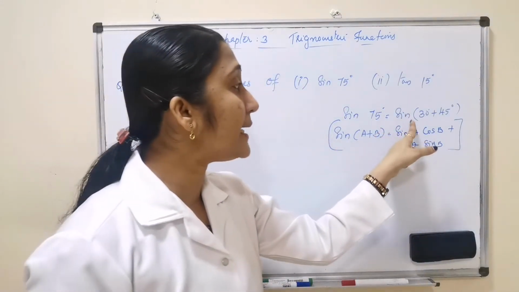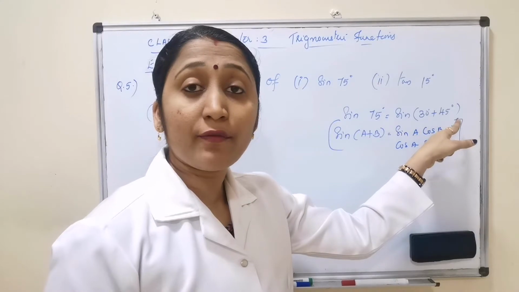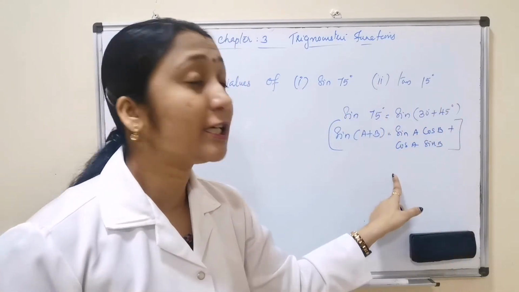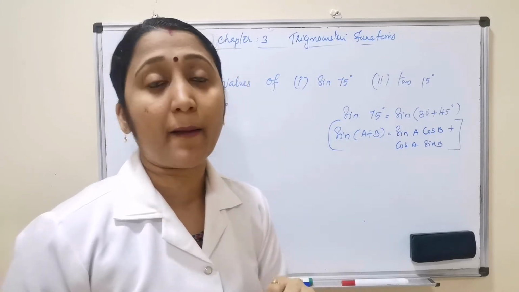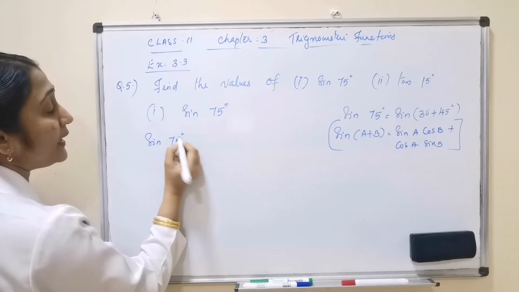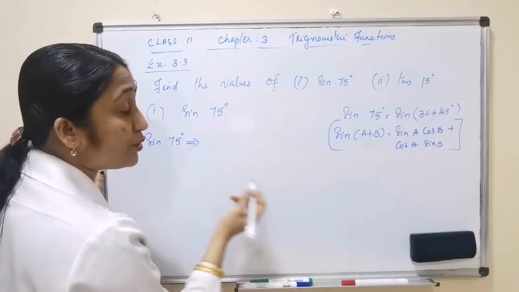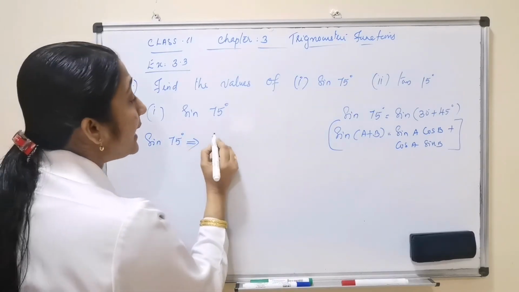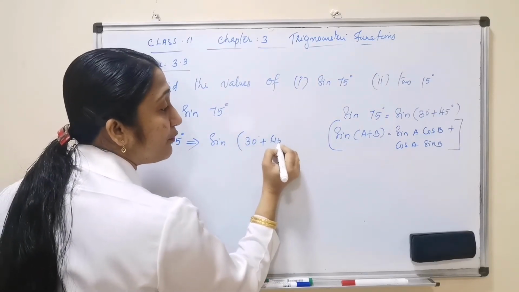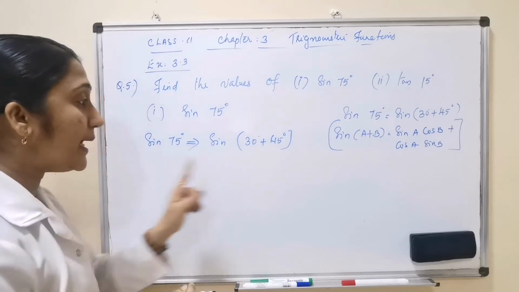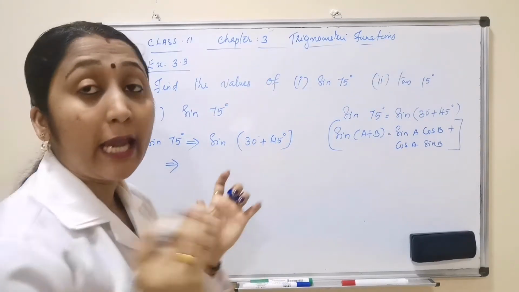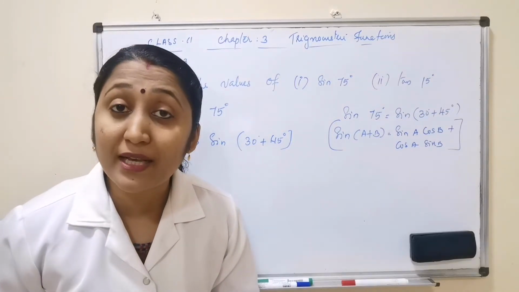So sine of 30 plus 45 means sine 30 cos 45 plus cos 30 sine 45. Let us solve this. Sine 75 degrees is sine of 30 plus 45 degrees, which is sine of a plus b.